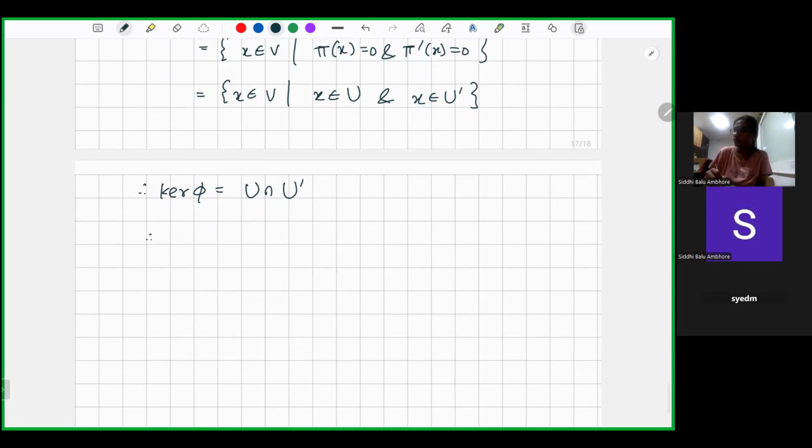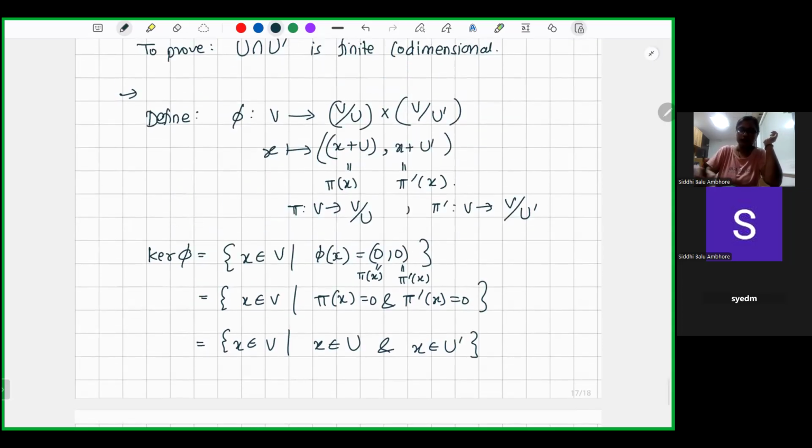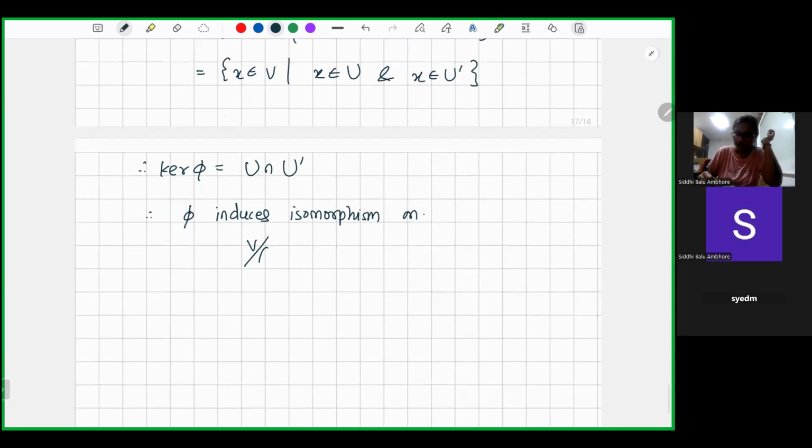Therefore, once we have this, by the first isomorphism theorem, phi induces an isomorphism on V quotient the kernel. So V quotient U intersection U dash is isomorphic to the image of phi.